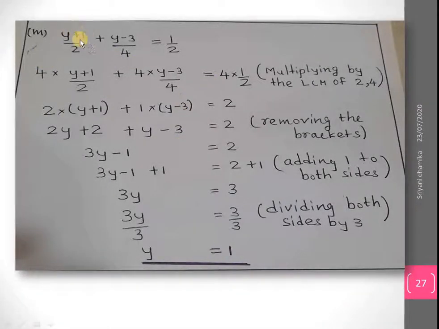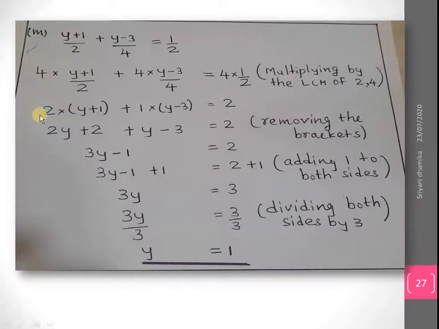Again we have to simplify the fractional equation with algebraic expressions. First, multiply each term by the LCM of 2 and 4, that is 4.